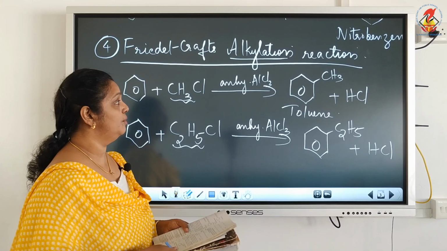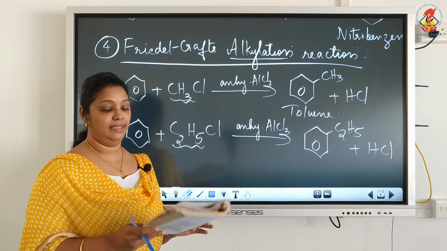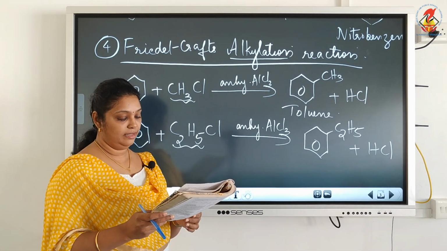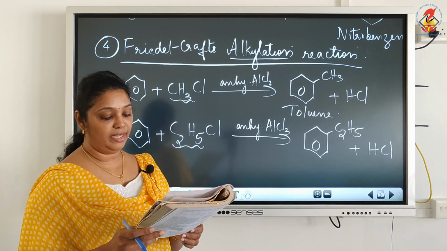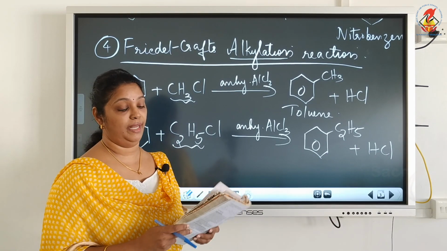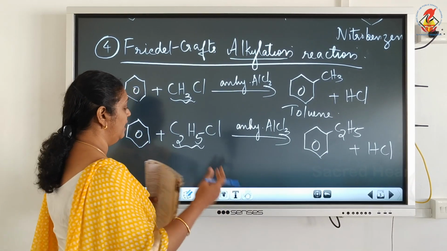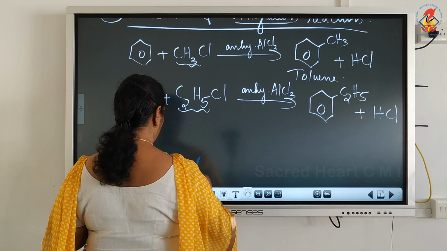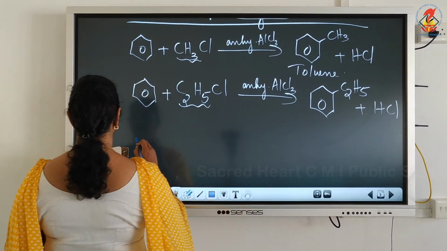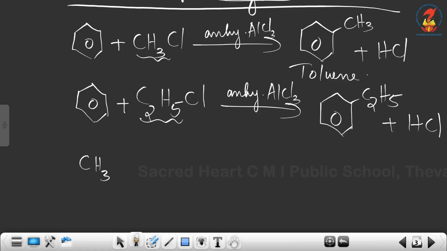Here I told you the alkyl group is our electrophile, that is R+. Now let's see how we get this R+ as the electrophile. Suppose we are taking CH3Cl. This will combine with AlCl3.